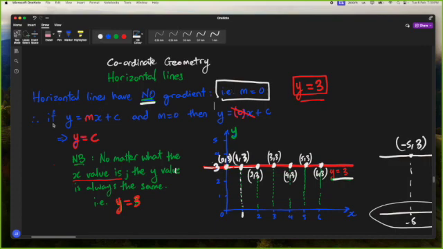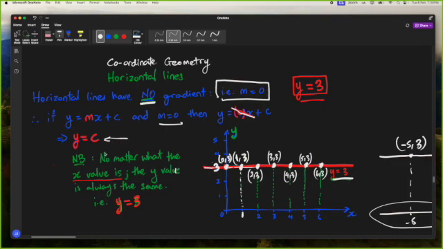So if you have the equation of a line, y is equal to mx plus c, and m is 0, then you'll have y is equal to 0 times x plus c. Obviously 0 times x, the whole of x is gone. So you will just be left with y is equal to c, which is just a number.